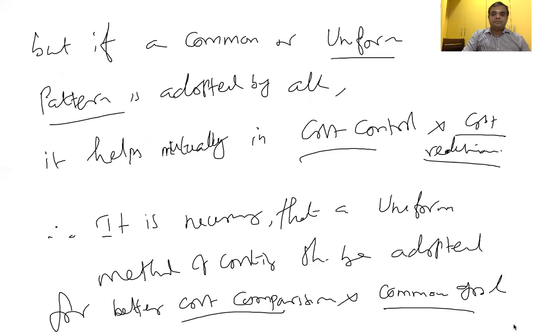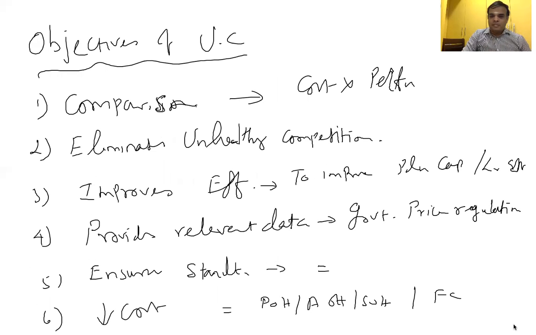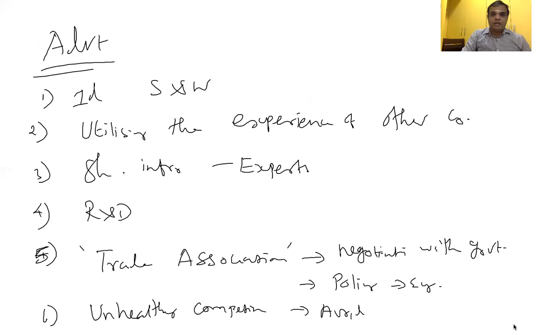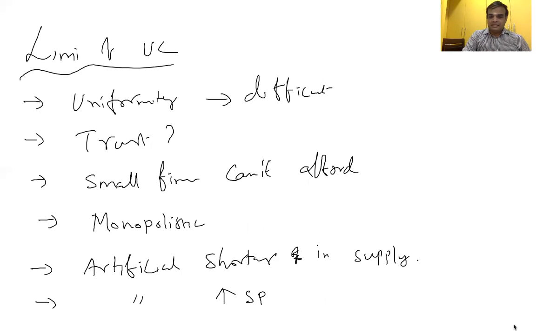What are the objectives of uniform costing? Then the prerequisites for uniform costing. Then the advantages as well as the limitations of uniform costing. These are the short notes or questions we have to remember for the exam.